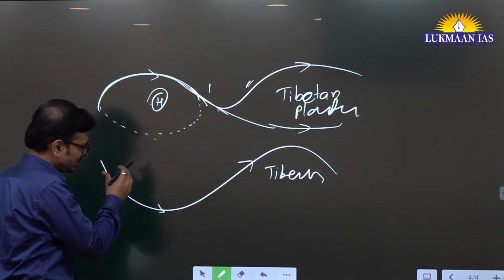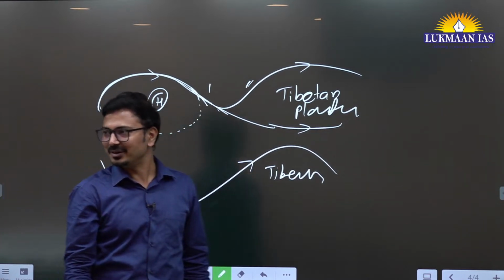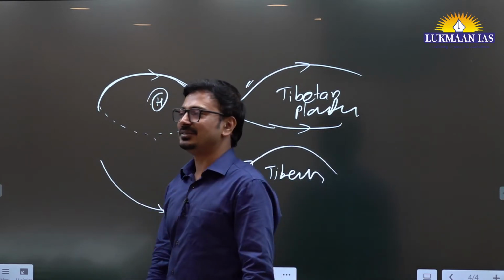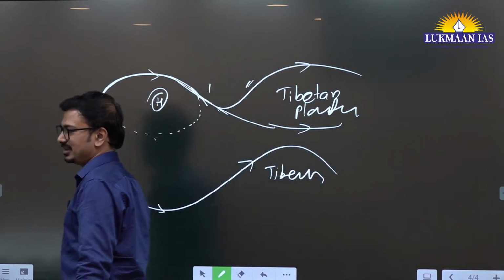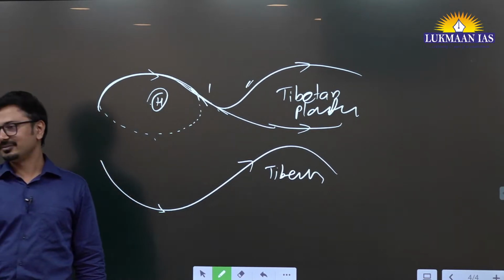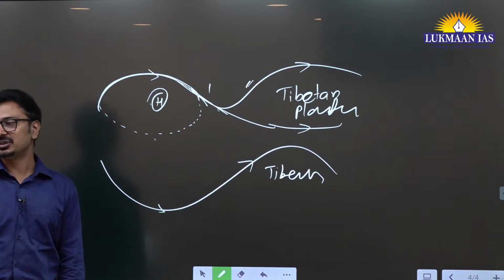Simply, this position now will suck in the wind from the ground, and it will create space for these southwest winds, trade winds. Basically, the onset of monsoon phenomenon is this one. The burst or onset of monsoon in the first week of June.